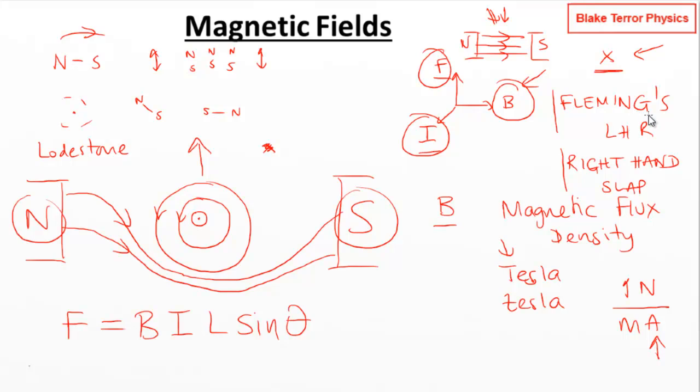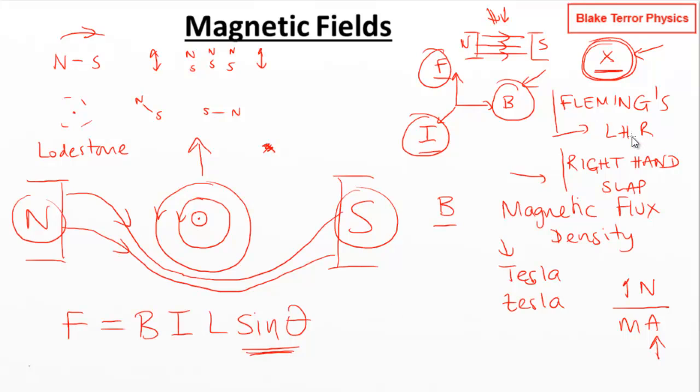Now, when we're doing Fleming's left-hand rule or the right-hand slap rule, we're just assuming these things are perpendicular to each other, which to a large extent is taking out the issue of the cross product. Because when you do your cross product, your vector product, which are the same thing, this is where your sine theta is coming in.